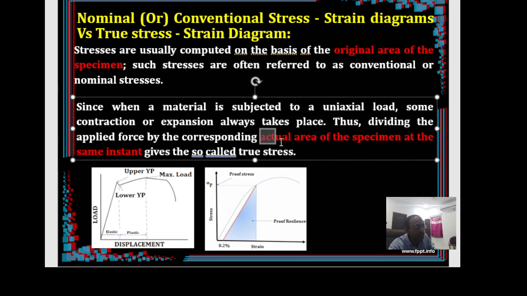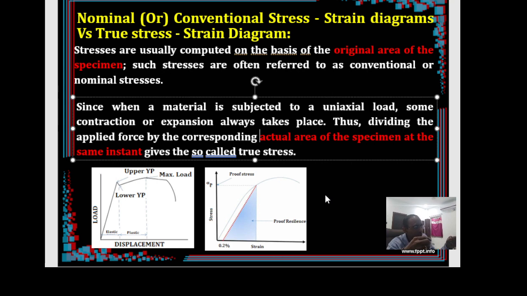If you take the actual area at the instant when the load was applied, the actual area keeps reducing, right? When you stress the specimen and tensile load is applied, your specimen area gradually reduces.